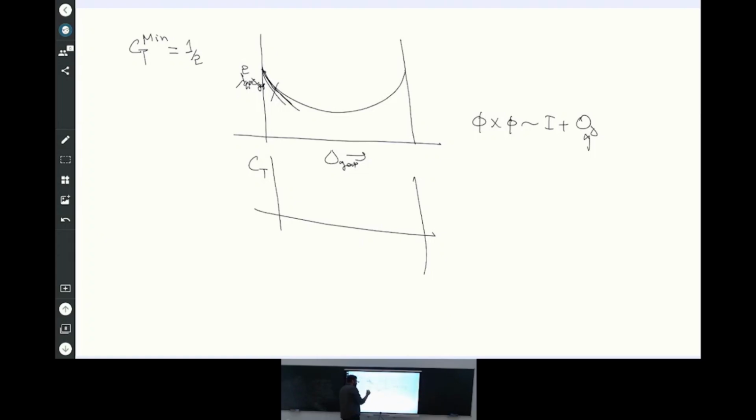The central charge you get goes from 1, and here it's half, because this is a generalized free fermion, this is a generalized free boson, and there is a flow, and this curve goes from 1 to half.